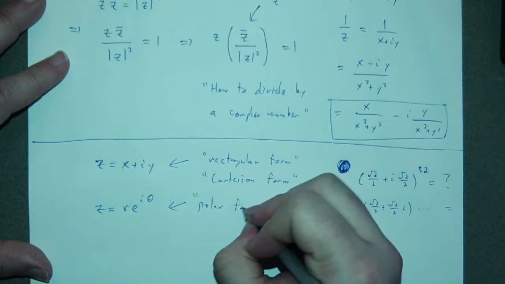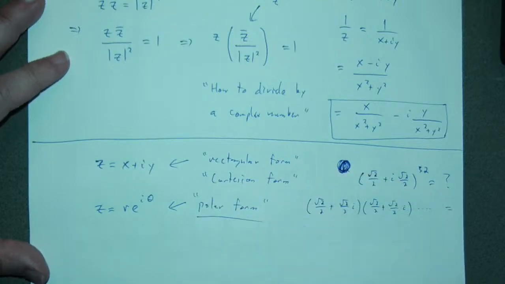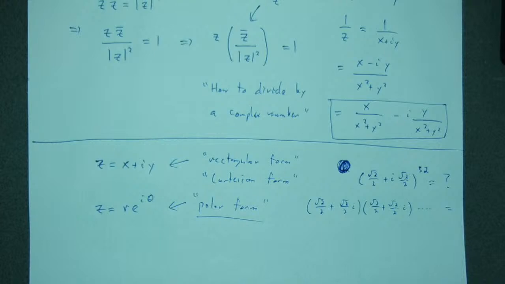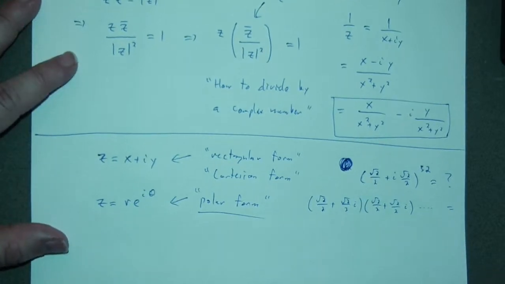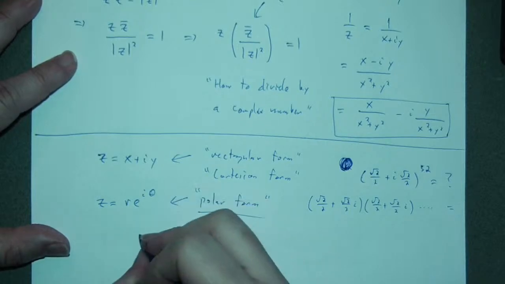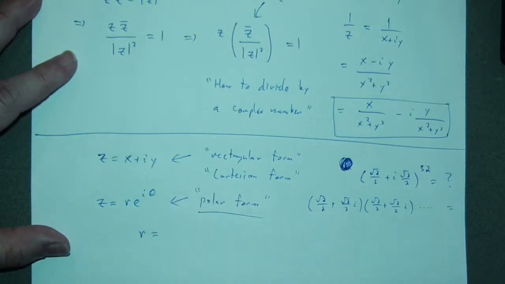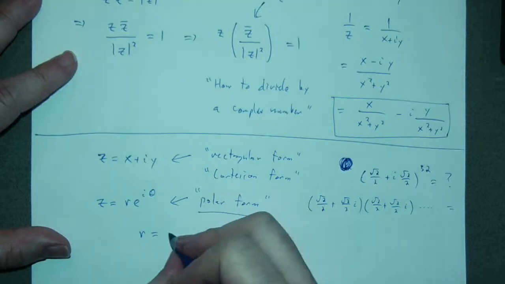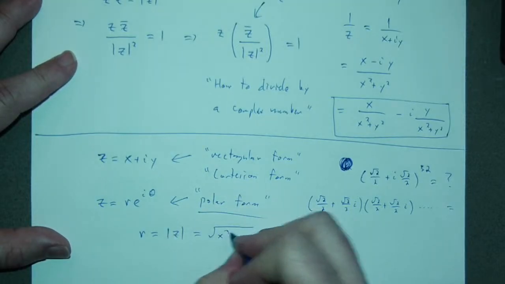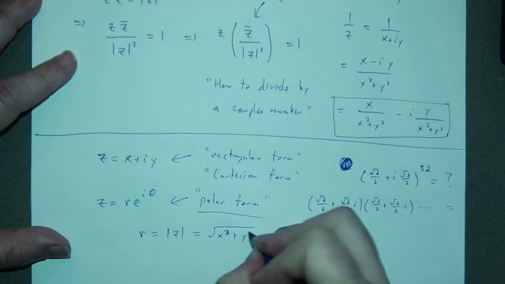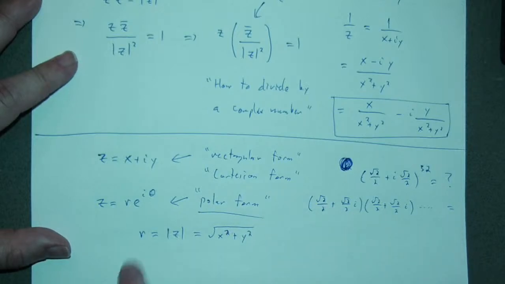And the reason it's called polar form is because it's really just polar coordinates. Okay, so this is polar form for a complex number. To put a complex number into polar form, r is simply the modulus of z, or the square root of x squared plus y squared. Well, you've seen that before.